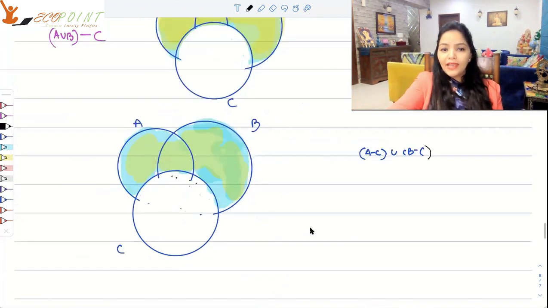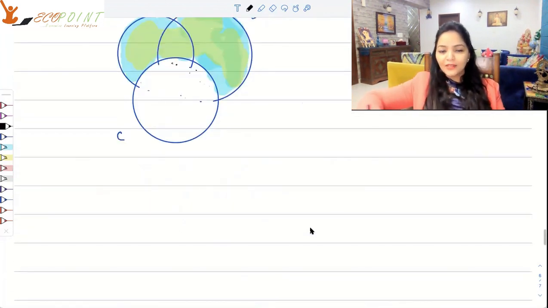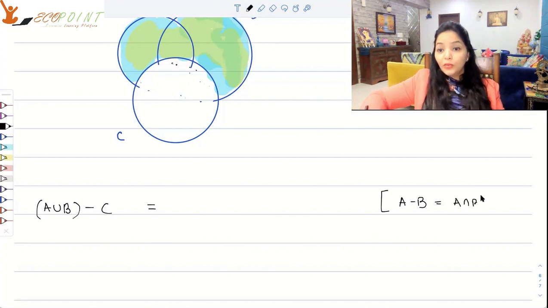And I can make use of something else here which we have learned. So quickly let's work set theoretically. We've seen through Venn diagram that this is happening. So we have A union B minus C. Now, do you remember I just told you that for any two sets, A minus B is equal to the intersection of A with B complement.